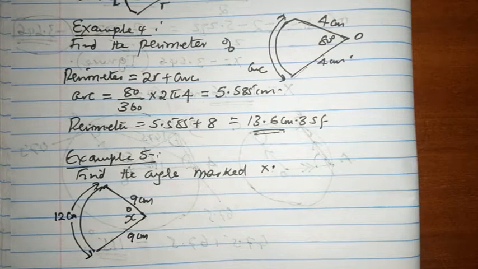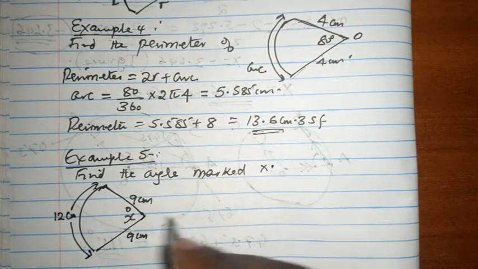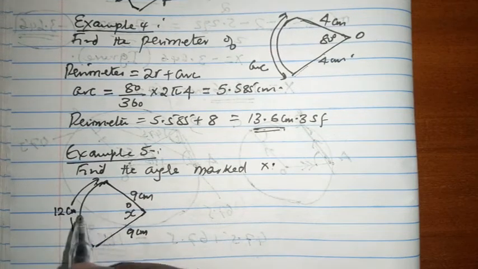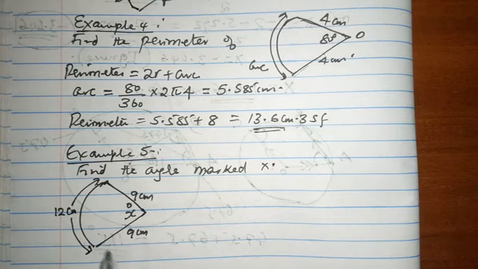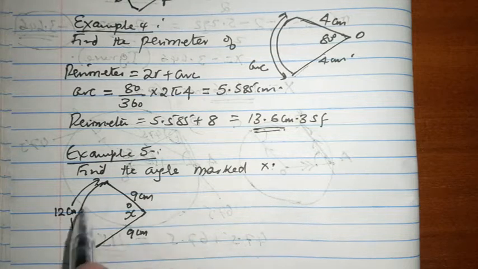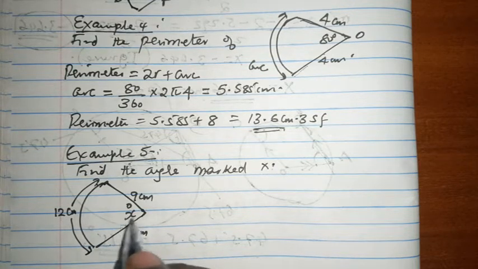Now, we are supposed to find the angle x. We know this arc length is a fraction of the entire circumference of the circle. Were the circle to be completed, then 12 is a fraction of the circle. And that fraction is mainly determined by the angle at the center, which is simply x.